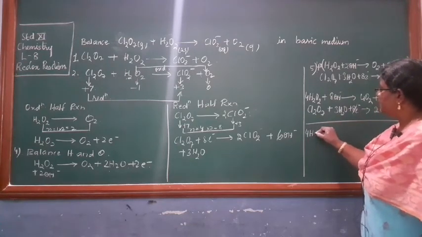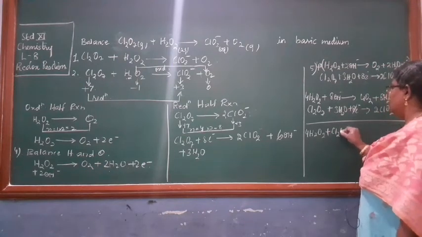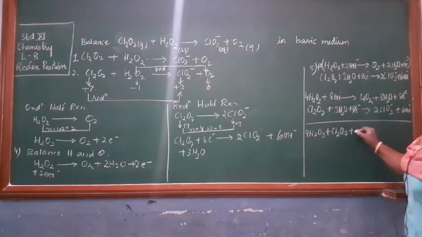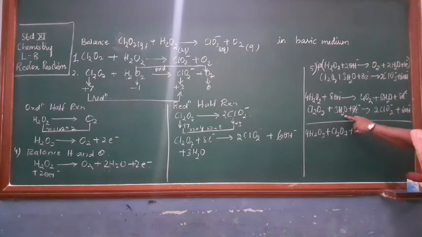Okay. अब ऐड करते हुए what is the final equation you will get? It is 4H2O2 plus Cl2O7. Okay. अब देखो लेफ्ट हैंड साइड में भी OH माइनस है, राइट हैंड साइड में भी OH माइनस है. So you can simplify it and write here it as 2OH minus, isn't it? Also you have H2O on the left hand side, H2O on the right hand side also.